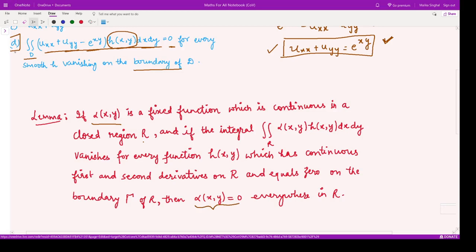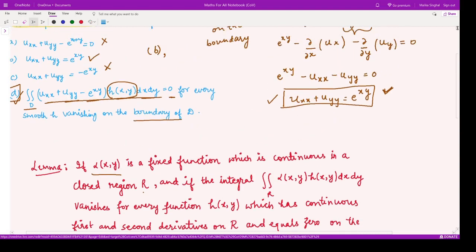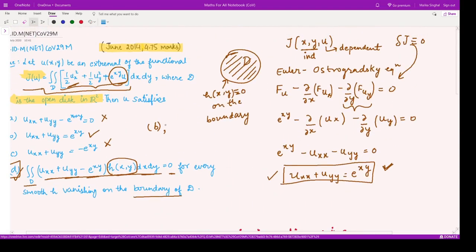So obviously D is a correct option according to this lemma. So the correct options to our question are B and D.